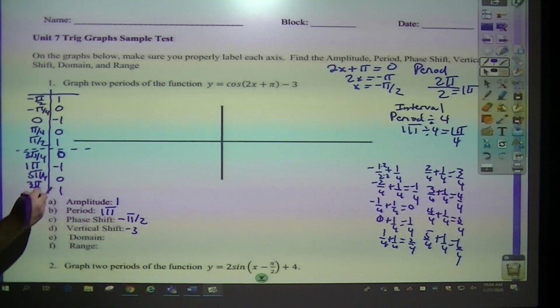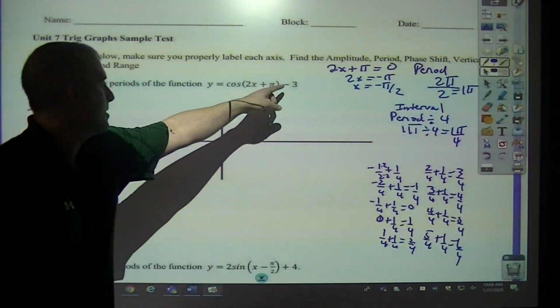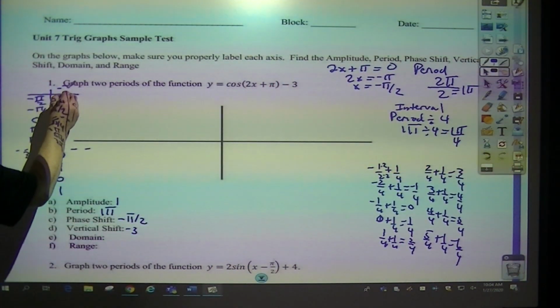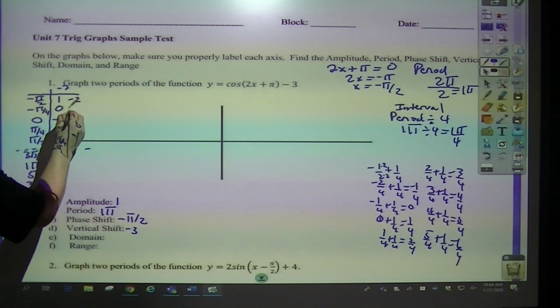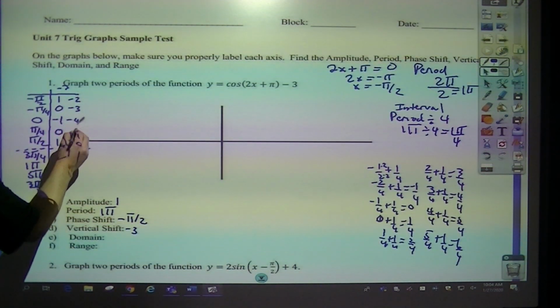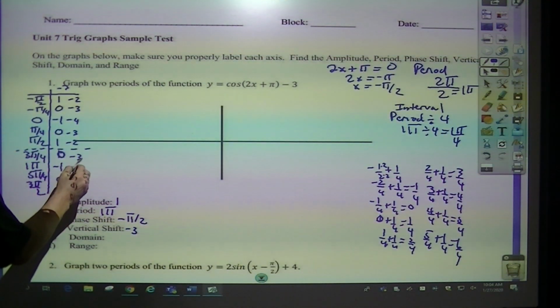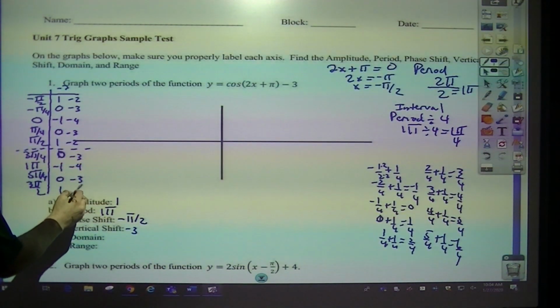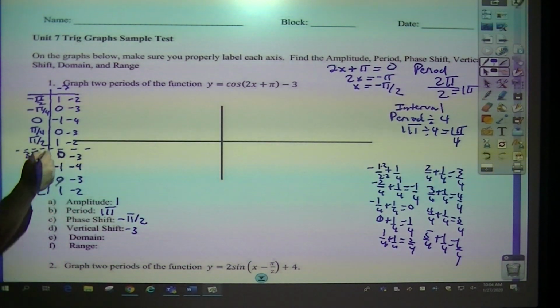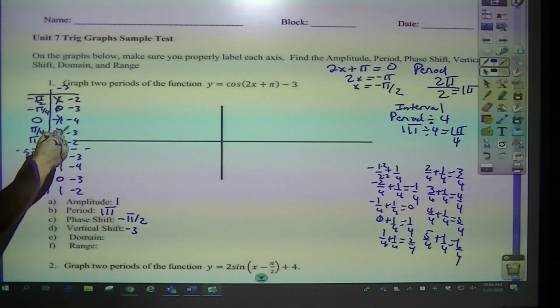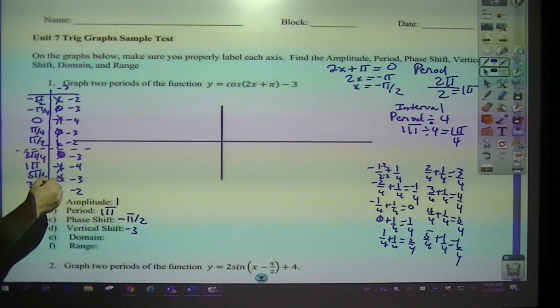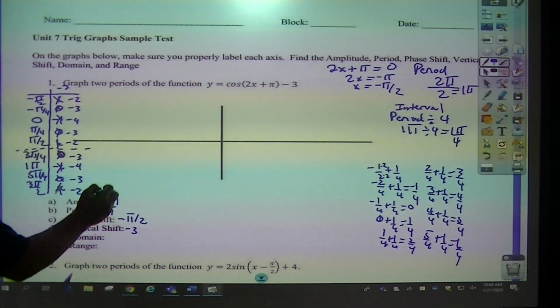Okay, now because of this vertical shift, I want to subtract 3 from all these. So now this would be -2, -3, -4, -3, -2, -3, -4, -3, -2. Okay, so just graph those. Okay, now if you look at where you're starting from negative pi over 2.